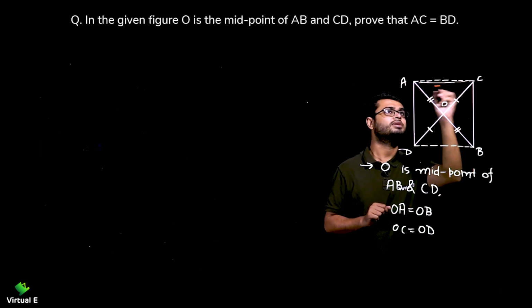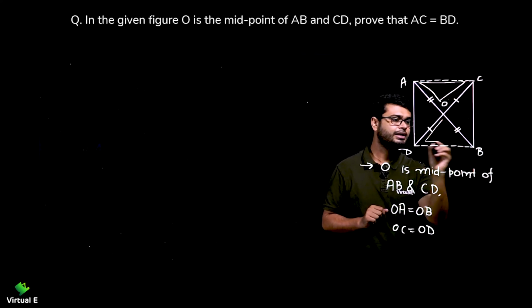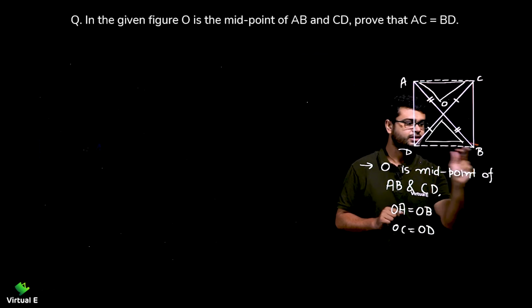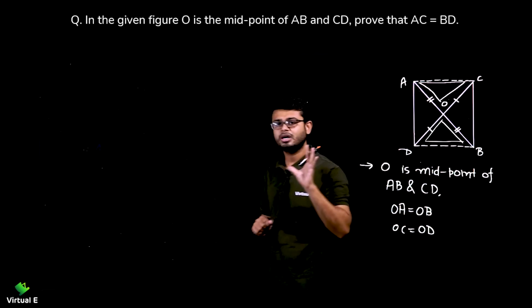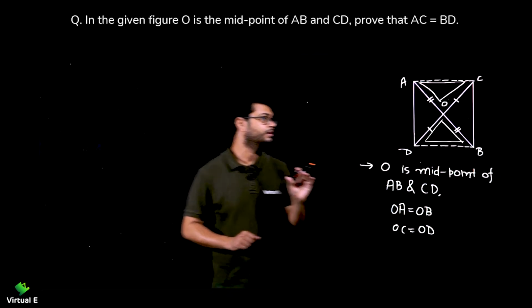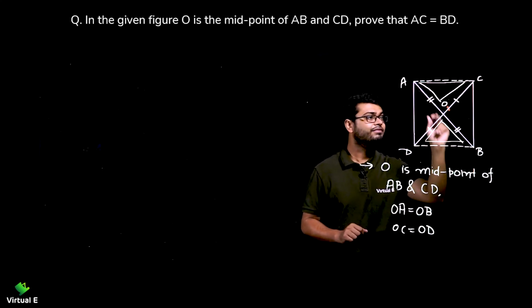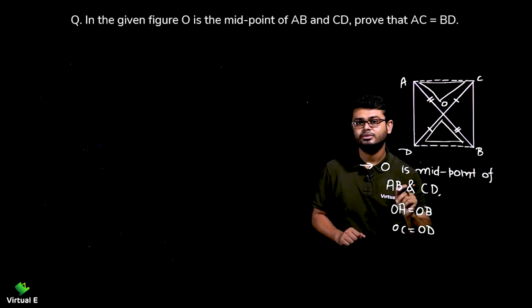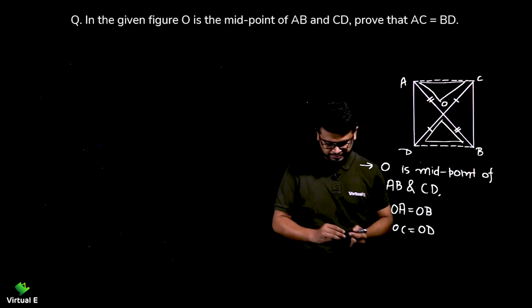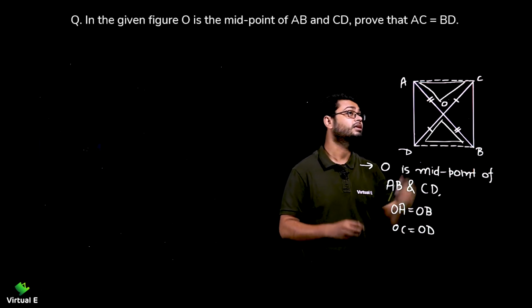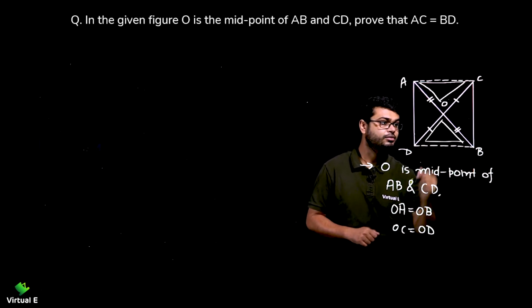So this is the triangle I think we need to prove congruent, and this is the other triangle where DB lies. This is how we need to think very clearly. First of all, I told you to identify which triangles you are supposed to prove congruent. So let's start with triangle AOC and DOB.